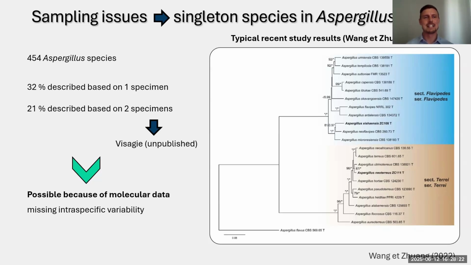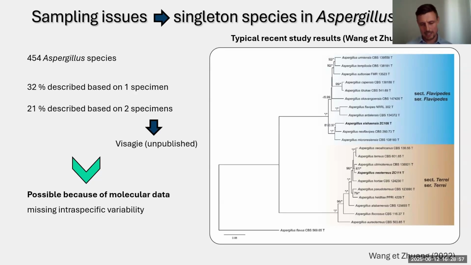It's always mentioned that it's important to have intraspecific variability within the data set, and it's hard to obtain in fungi. As a result, these are numbers put together by Cobus, showing that in Aspergillus, as an example, more than 50% of the species are known from one or two specimens.